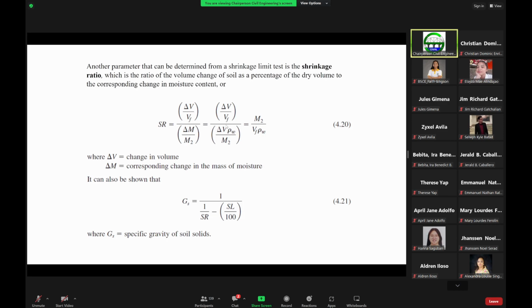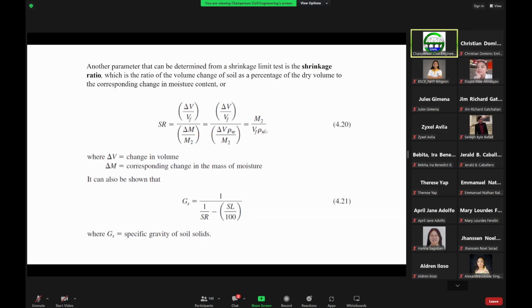If you do that, then this can be canceled out. What is left is the final mass over the final volume after shrinking of the soil divided by the density of water. That should be defined as the shrinkage ratio.